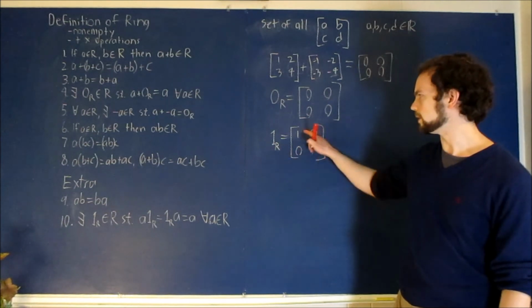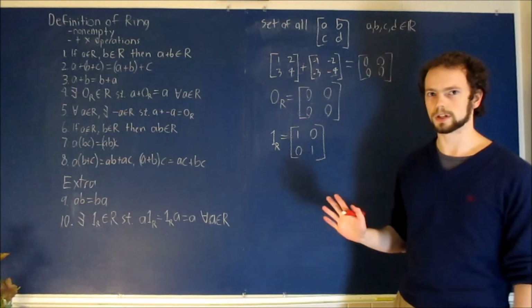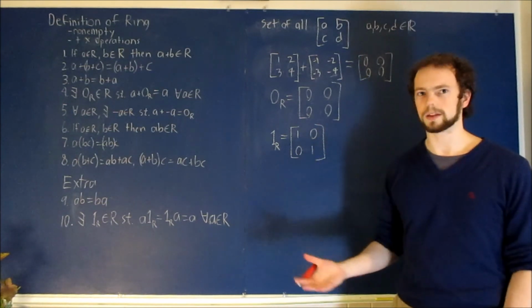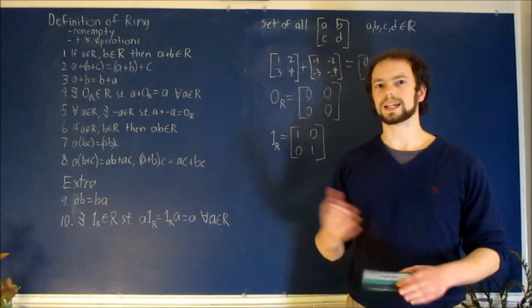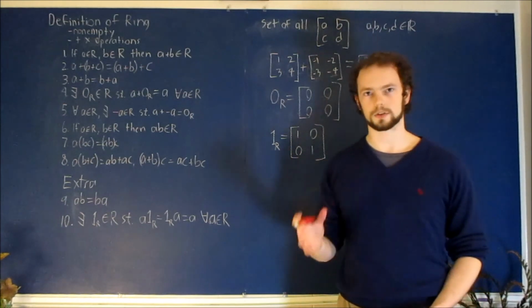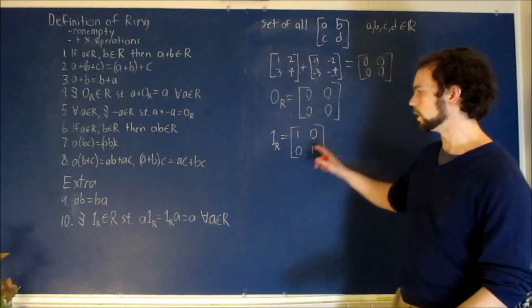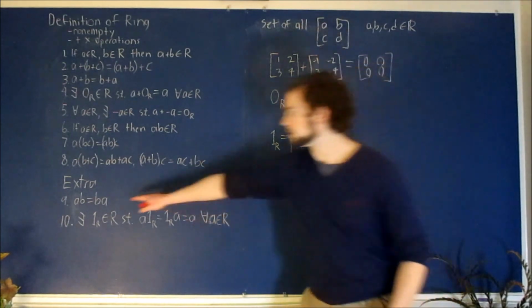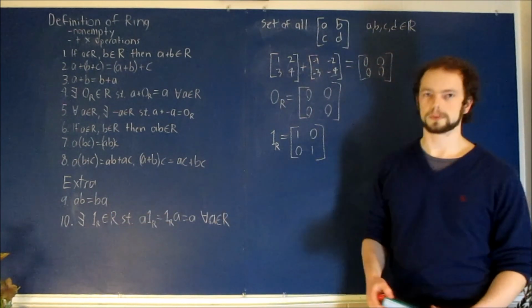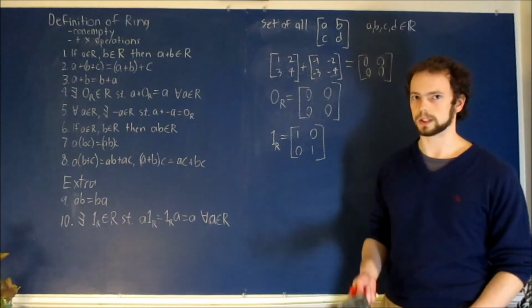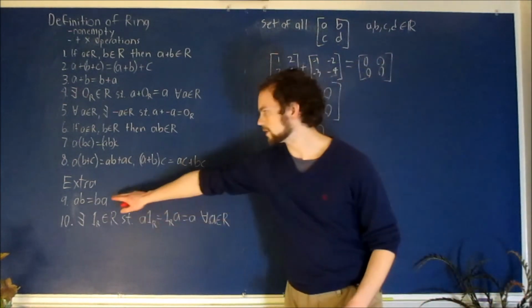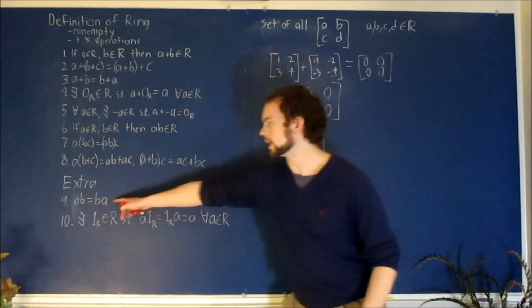If you multiply this matrix by any other matrix, you will get that other matrix, in the same way that if you multiply any integer by 1, you get that integer back. So this property is satisfied by this ring, but this one is not. Matrix multiplication is not generally commutative. So this last property 9 here fails.